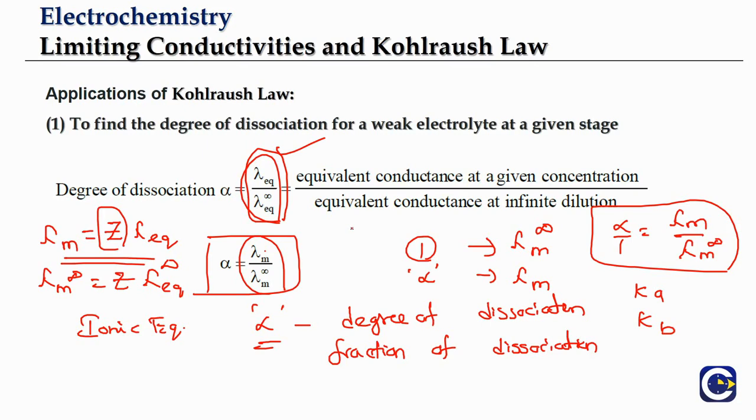Or if we have lambda m at a particular stage and we know lambda m infinity, the ratio is going to give us alpha. So using Kohlrausch law, we can find out the degree of dissociation of the weak electrolyte at a given stage, and the degree of dissociation will be useful in finding out a lot of other things.